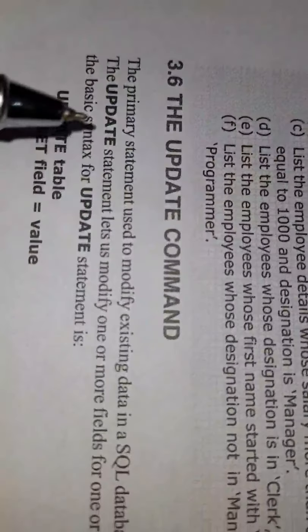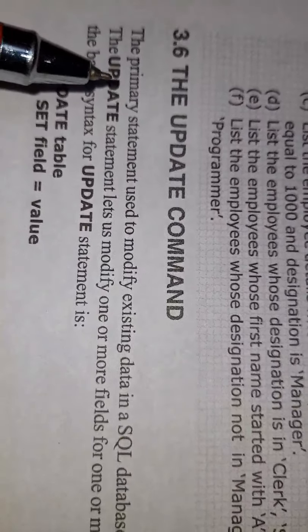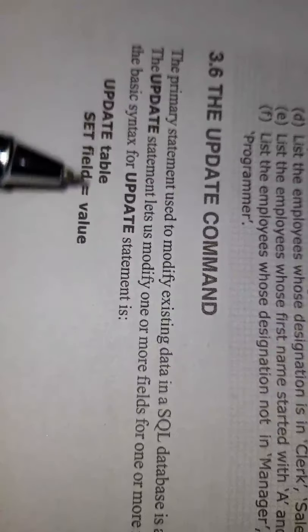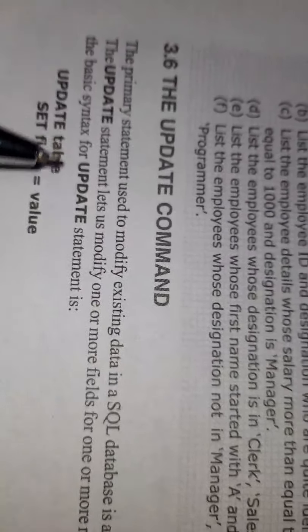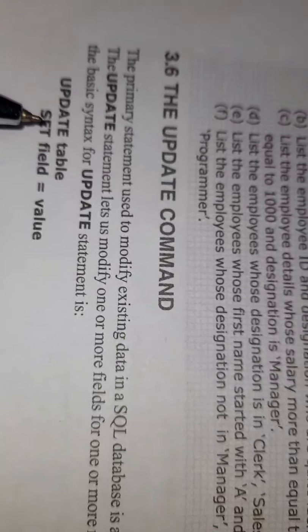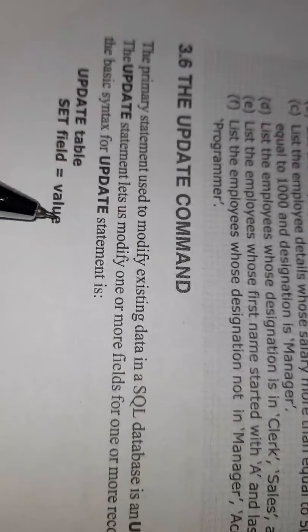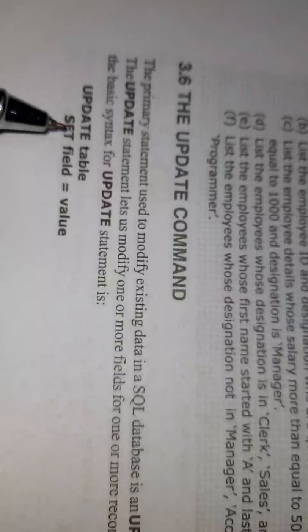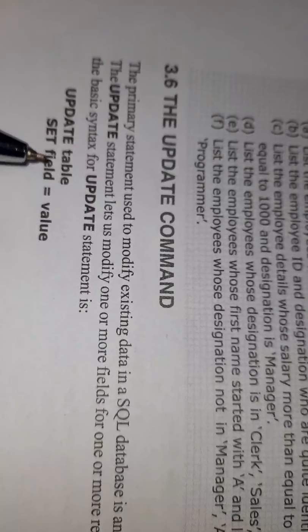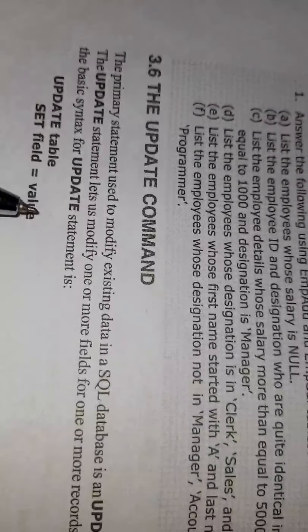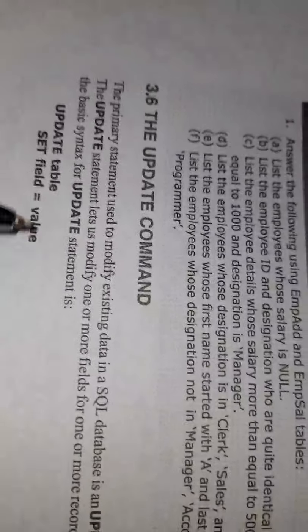So the syntax is, you have the update keyword, okay, update table. So you mention the table name and then use the set keyword, set and then column name and then value, okay. So this set keyword is used to insert the new value or the changed value in that column.